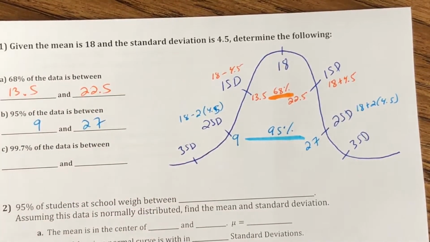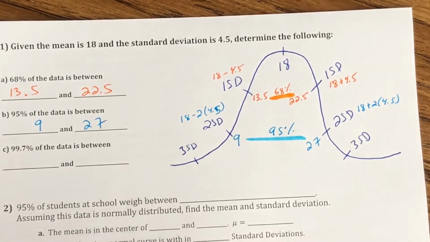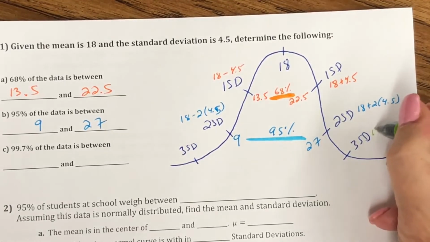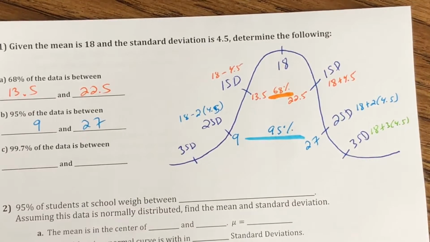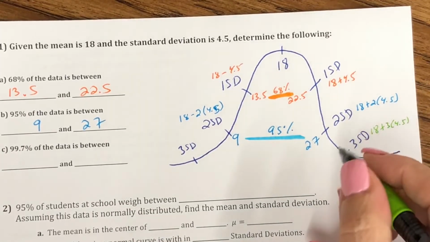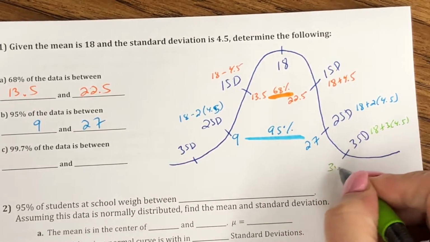Okay, our last one, we're looking at the third standard deviations. So we have that this is 18 plus 3 times 4.5, which is going to be 31.5.